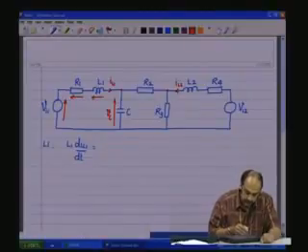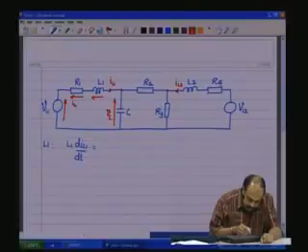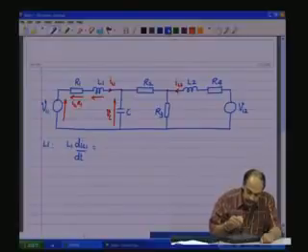In fact, we need to find the voltage across the inductance. Now, what is this voltage here? This is in terms of the state variables IL1 into R1. So, now we have the equation which is very simple.